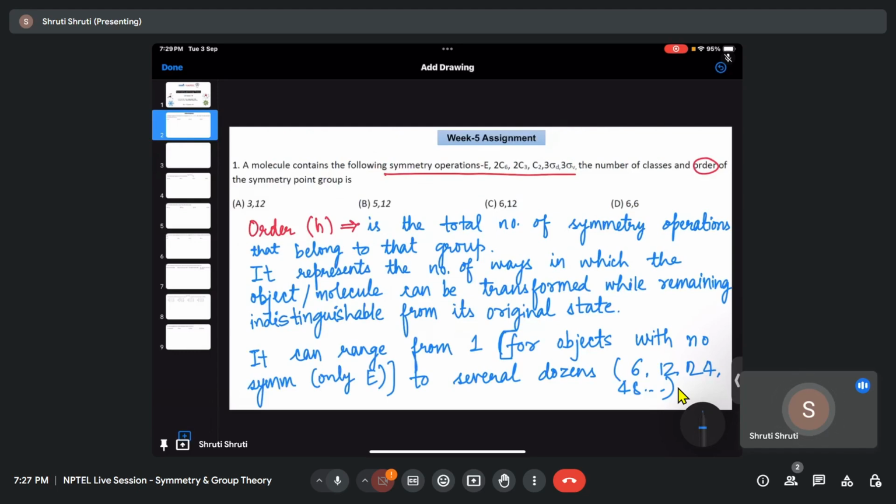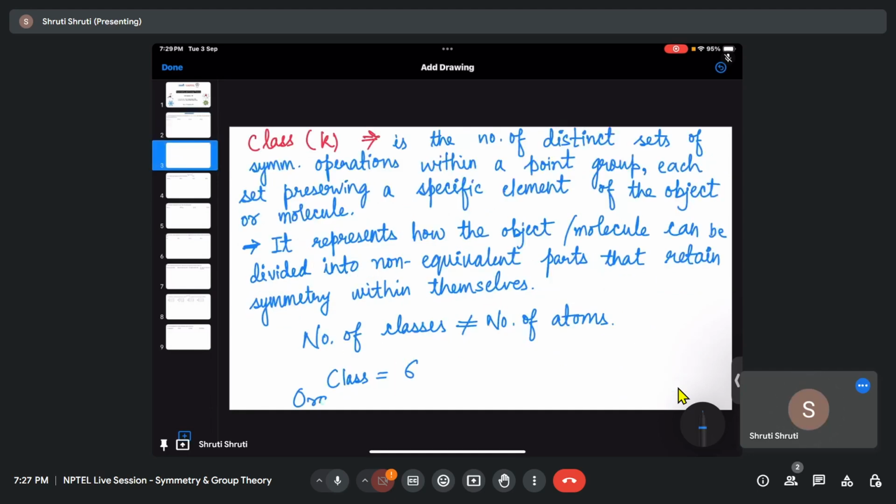And for the number of symmetry operations, we have 2 C6, so it is 2, 2 for C3, then for C2 it is 1, 3 sigma D and 3 sigma V. So order is 1 plus 2 plus 2 plus 1 plus 3 plus 3, which is 12.